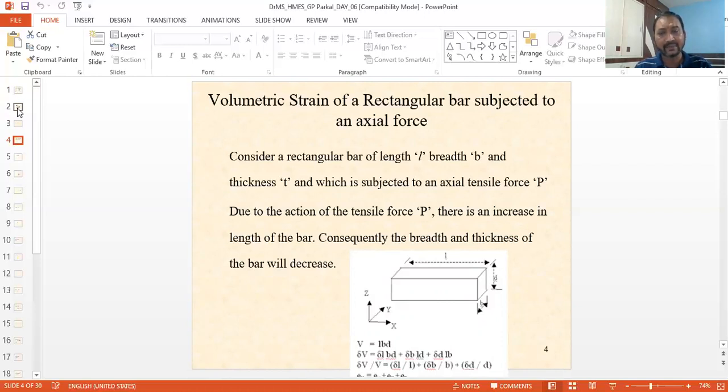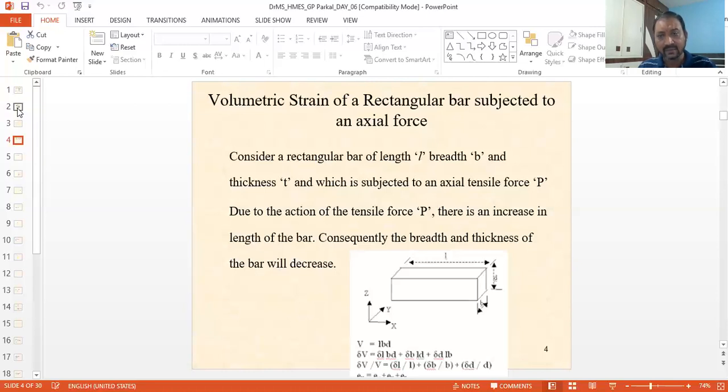So here what is happening is a very important thing. Initially we got the value L into B into T, that is the length, width and thickness, and finally in this case the length increases due to the application of this axial tensile force along the length.